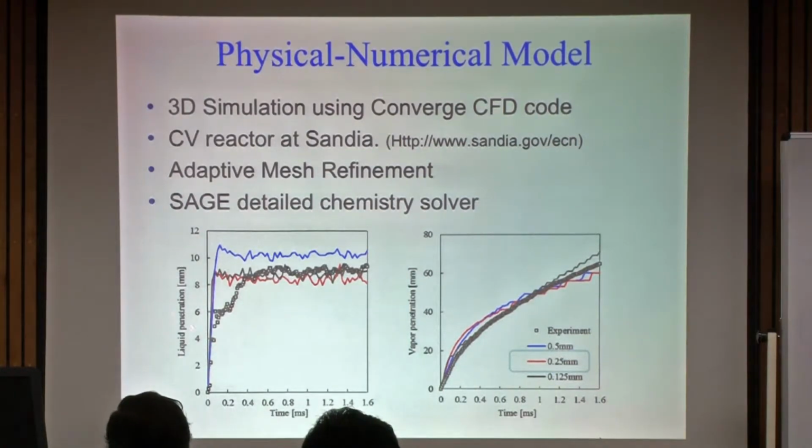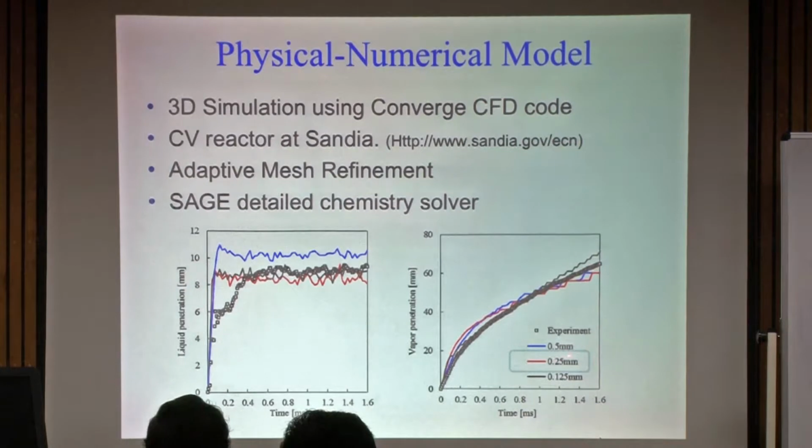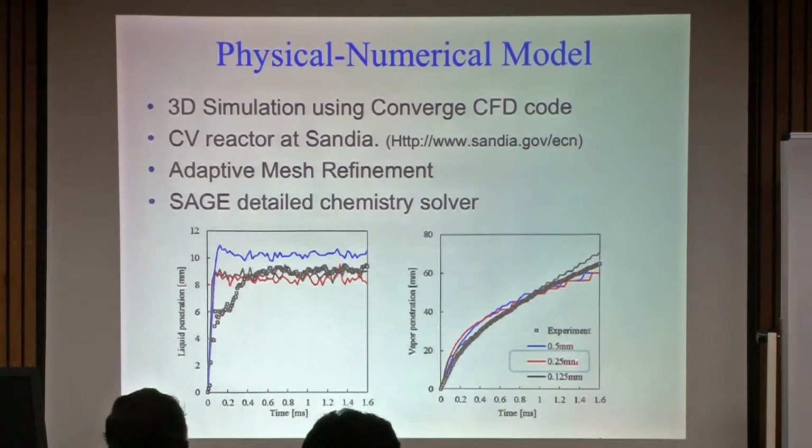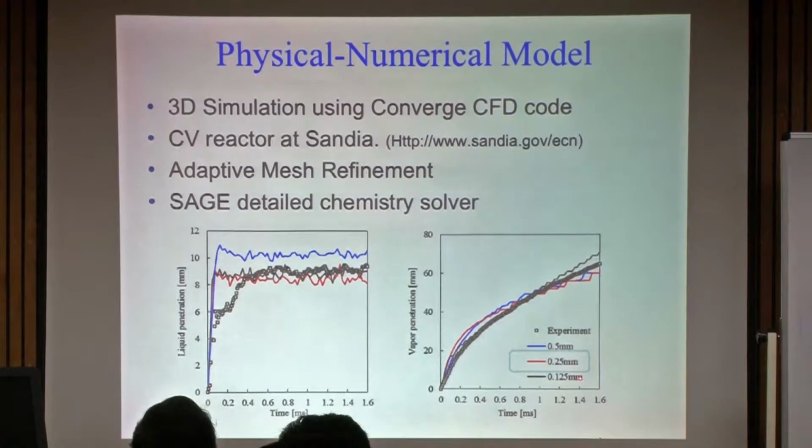So penetration is plotted versus time. This is the experimental data, and it shows the effect of mesh refinement: 0.5, 0.25, 0.125. As you go to 0.25 and 0.125, you get almost grid independent results.